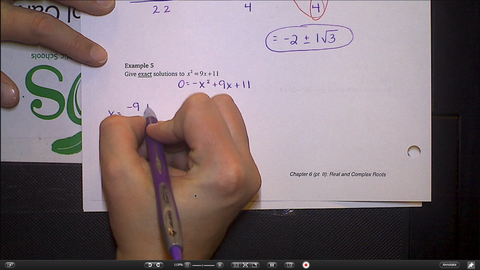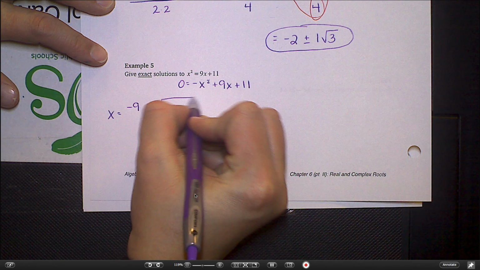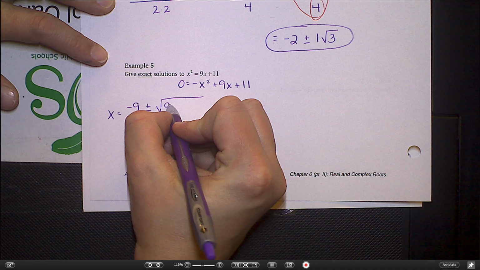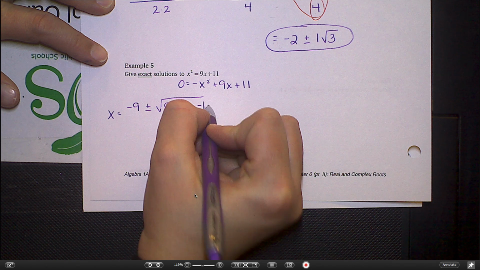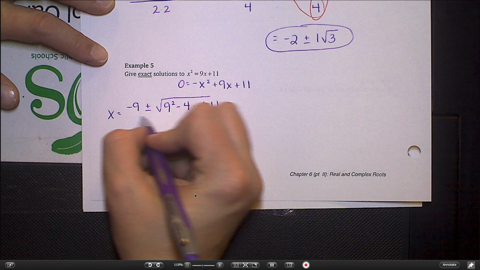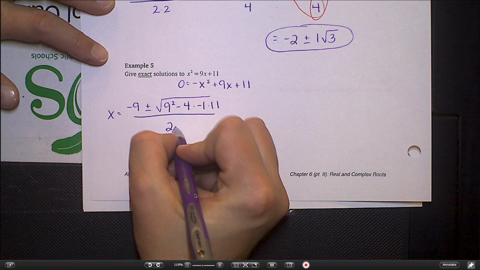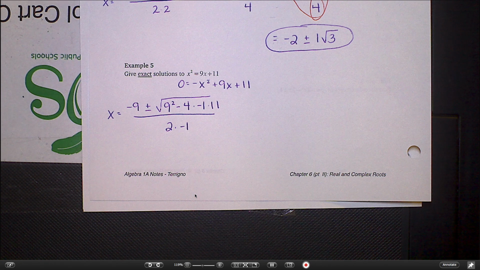So when I set this one up, -9 plus or minus square root of 9 squared minus 4 times -1 times 11 all over 2 times -1. So this is kind of what I'm talking about, Ashton, to answer your question from earlier.